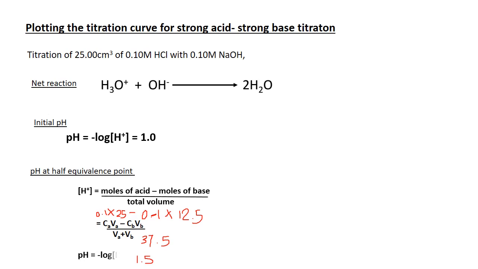By using that we can get the H plus concentration, and then by using that value we can find the pH, which is equal to 1.5. So pH at half equivalence point is equal to 1.5.